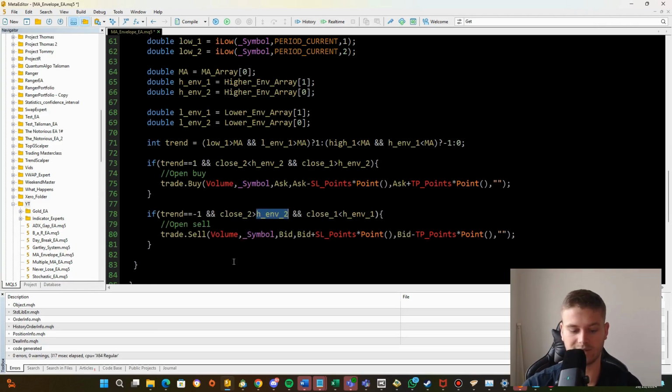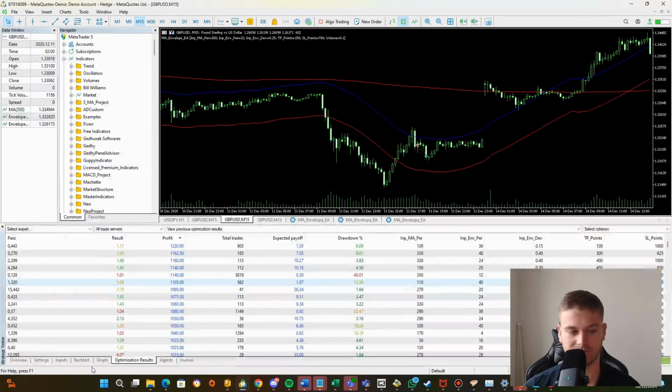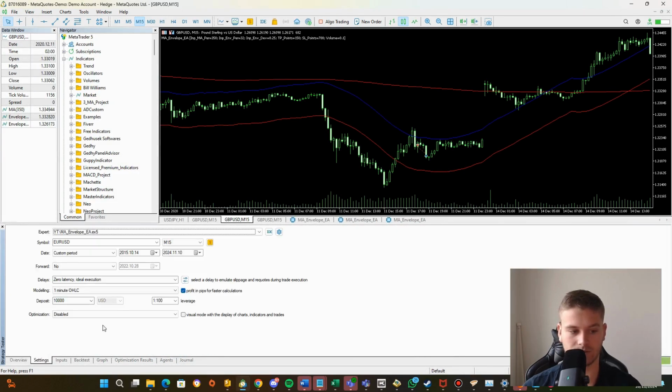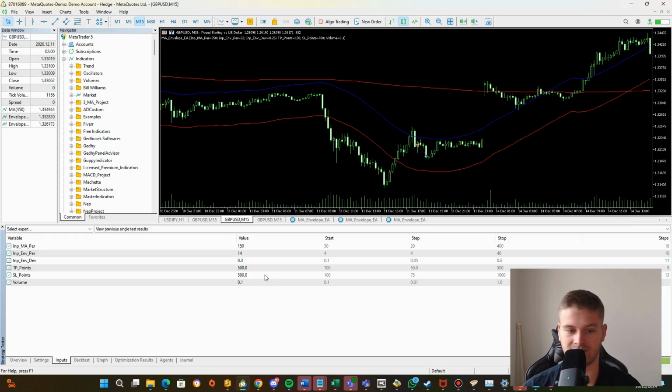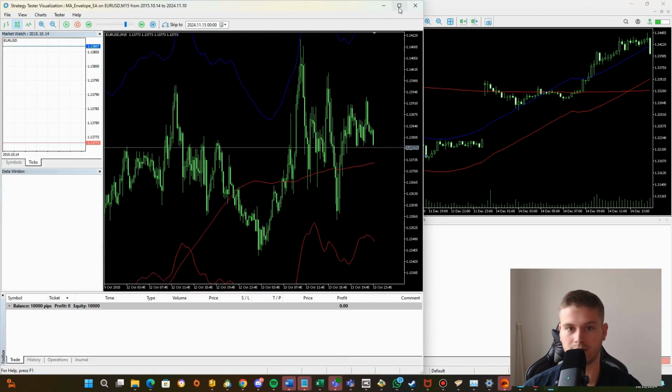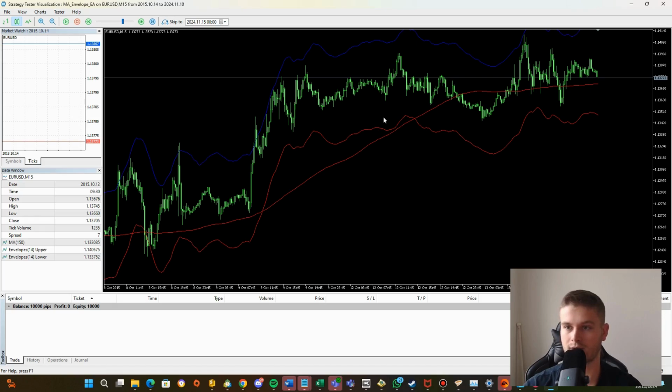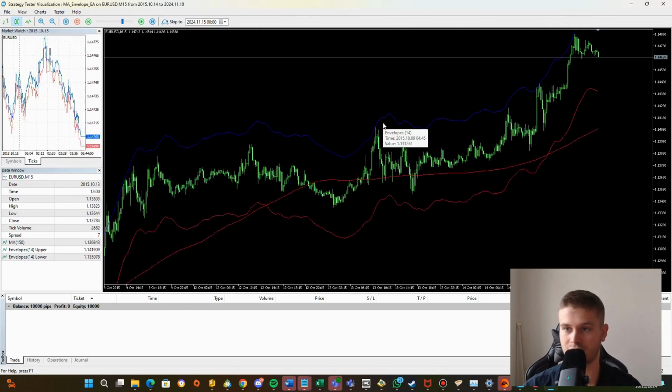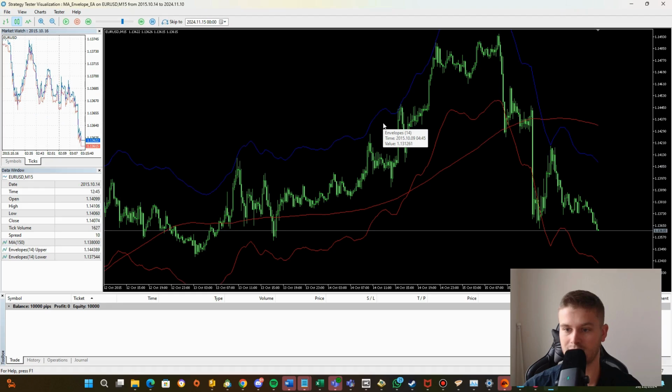And here I can just change these to lower envelope number 1 and lower envelope number 2, so 2 and 1, and the rest should stay the same. Let's just try this. Now I will revert this to the default settings, open the visual mode and check whether it is correct or not. And if it's correct, I will optimize it later.